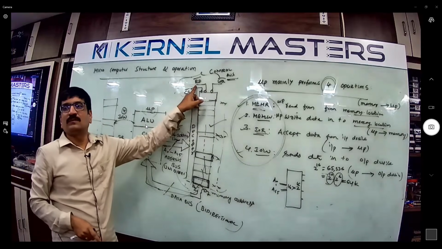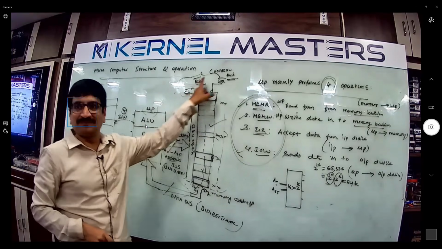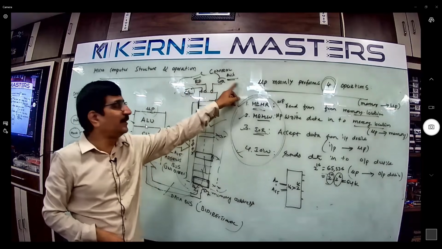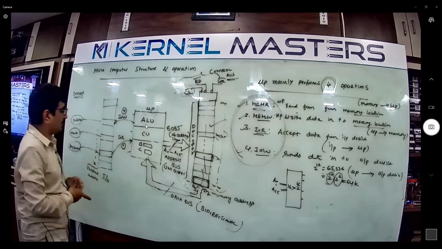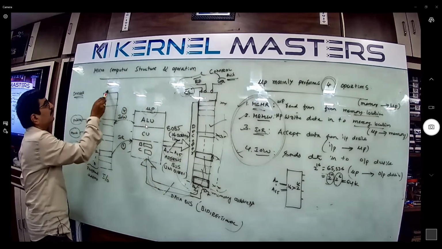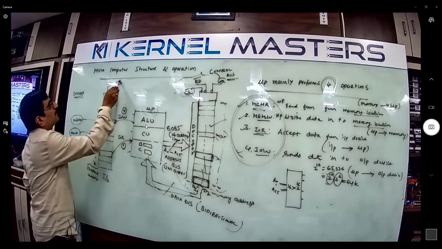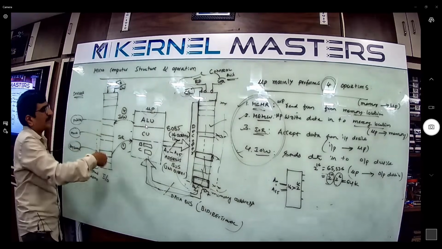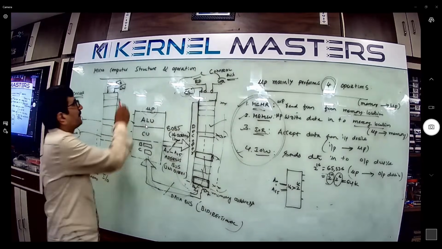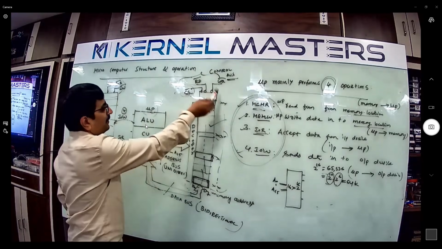Whenever you perform a memory write operation, write bar is low. IO is the same story: IO read bar and IO write bar. Every peripheral has control lines, separate read bar and write bar.